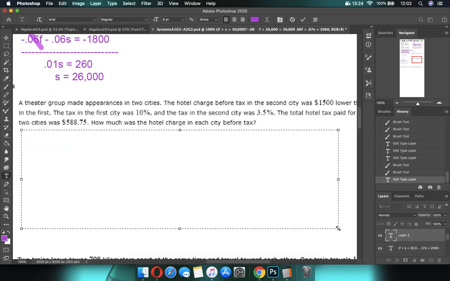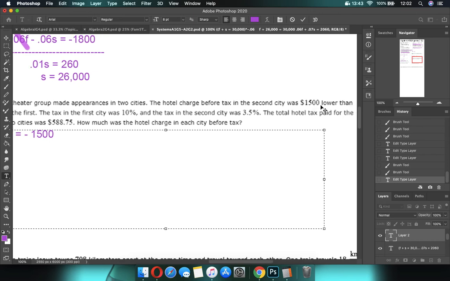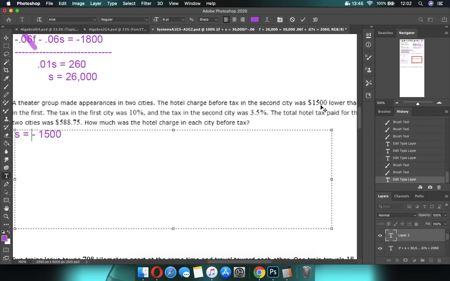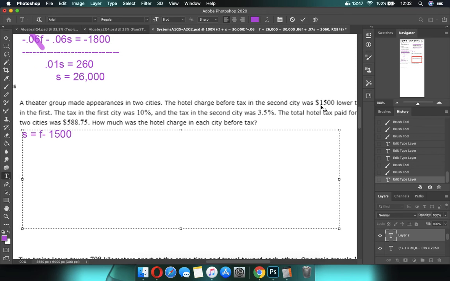The total charge for tax in the second city was, see that verb again, the was, that's your equal sign, 1,500 lower. 1,500 lower is a little bit trickier, but lower means less, right? That's subtraction, and it's less by 1,500 than in the first city. So F minus 1,500.